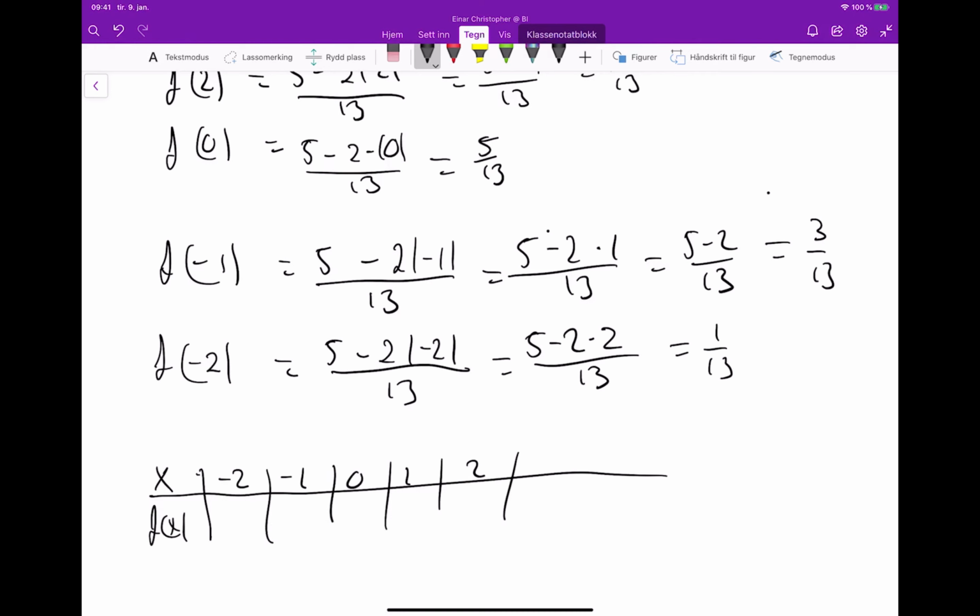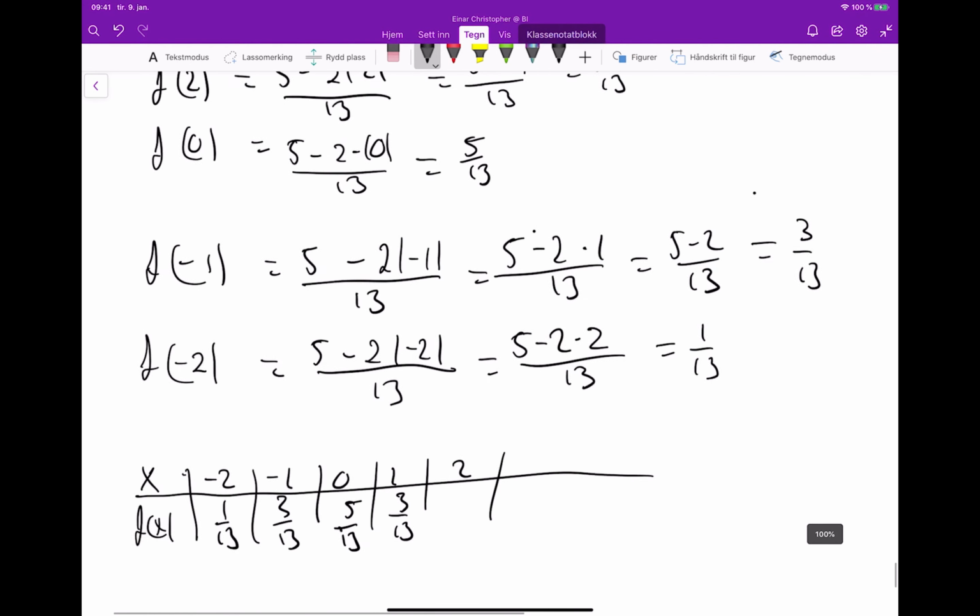And we see that the probability of minus 2 is 1 divided on 13, of minus 1 is 3 divided on 13, and with 0 is 5 divided on 13, 1 is 3 divided on 13, and 2 is 1 divided on 13.